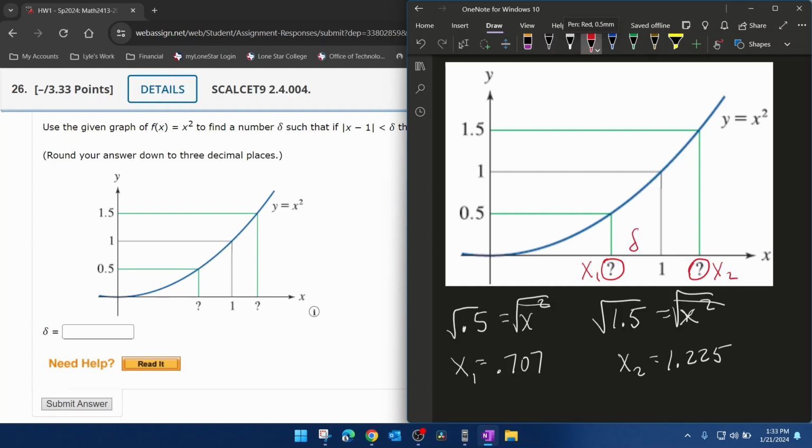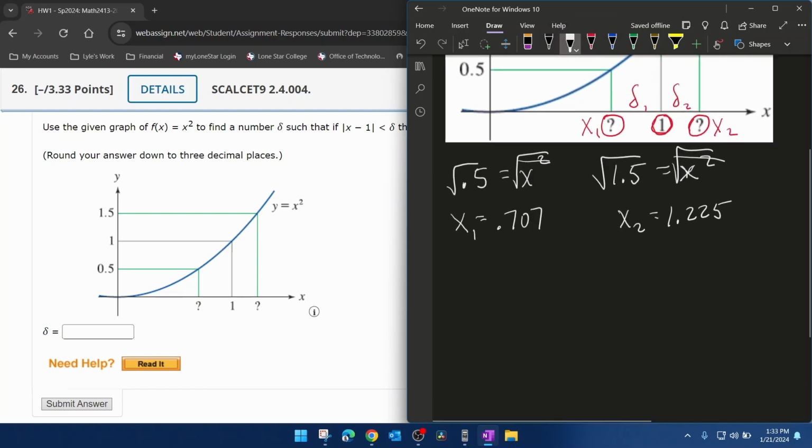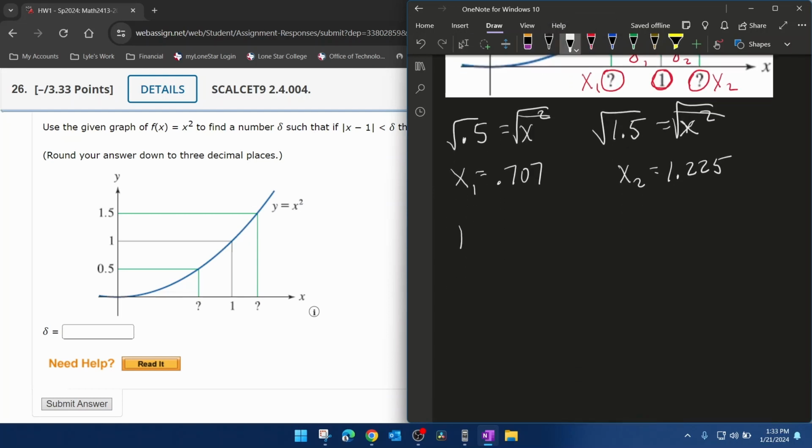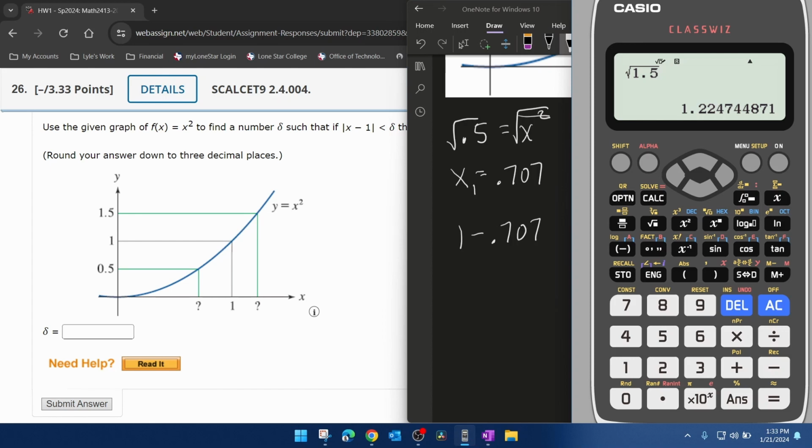Now we can find delta 1 and delta 2 and determine which one is smaller. Remember, we're looking at how far away those x's are from 1. So then what we need to do is first 1 minus 0.707 and then 1.225 minus 1. 1 minus 0.707 is 0.293.